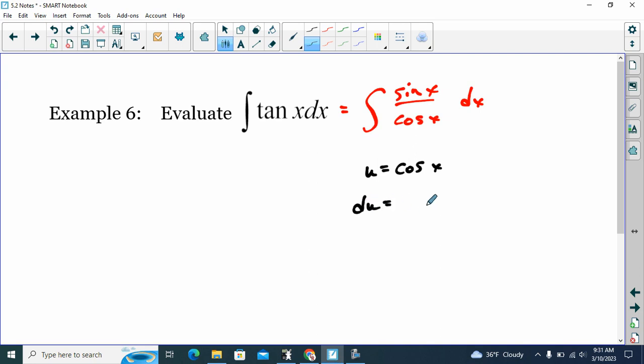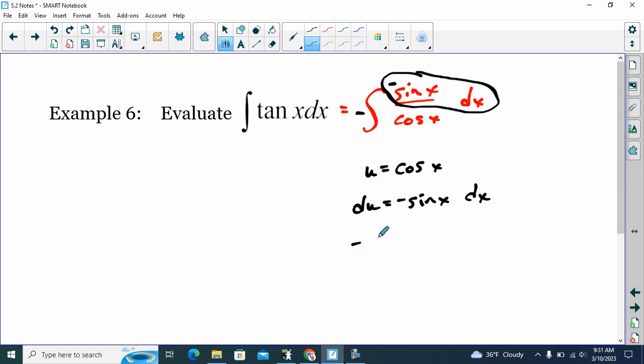So my du is equal to negative sine x dx. The derivative of cosine x is negative sine. So I multiply by negative 1 to get my negative sine. I also divide by negative 1. There's du, negative sine x dx.